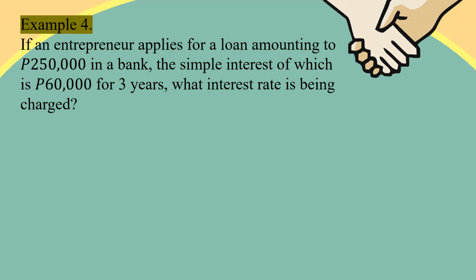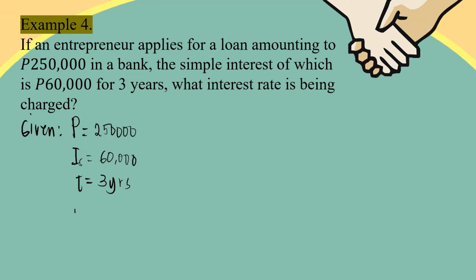Okay, so ano-ano ba yung mga given? Yung principal amount natin or yung P is 250,000 pesos. And then yung interest or yung tinubo ay 60,000 pesos. Then yung time or term ay 3 years. Naka-years na siya agad, so hindi nyo na kailangan pa i-convert.